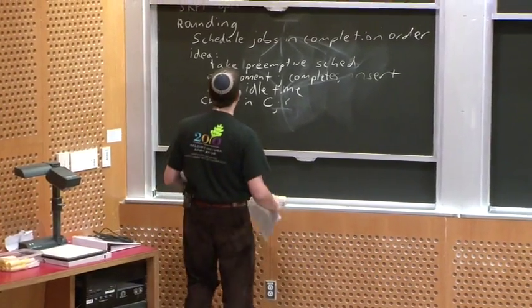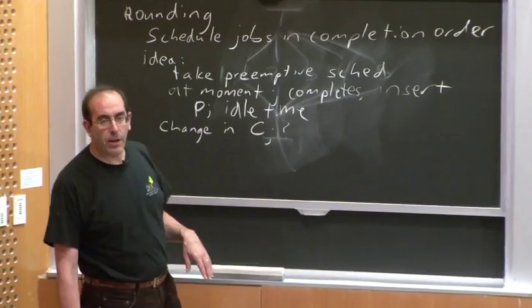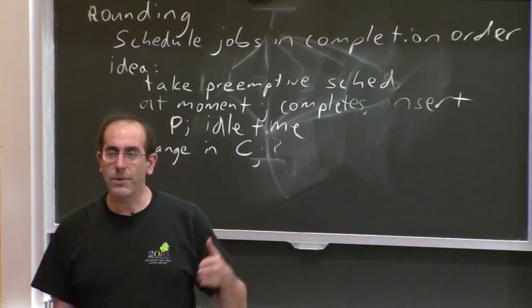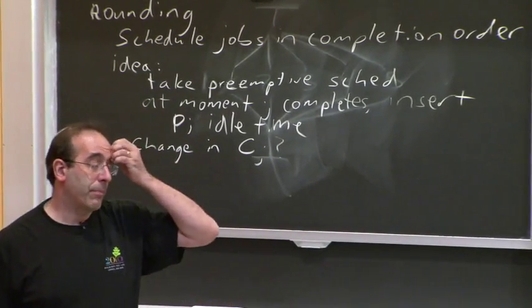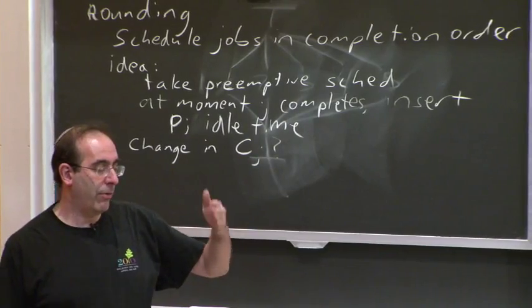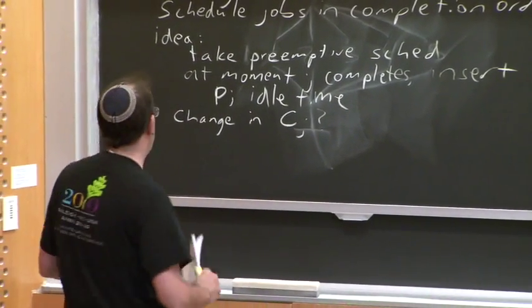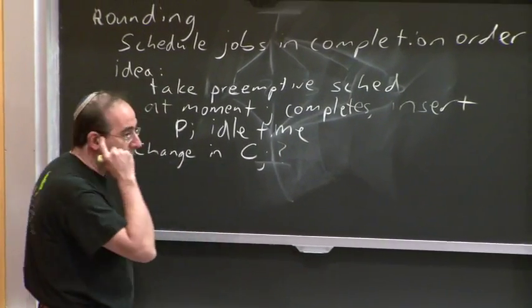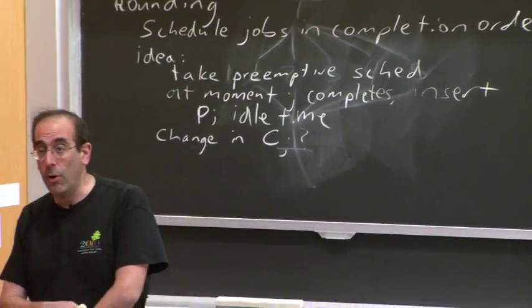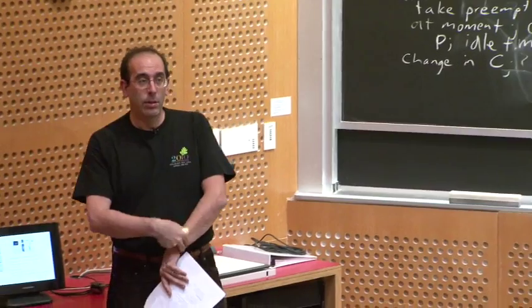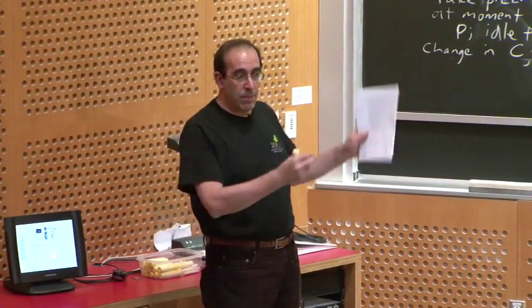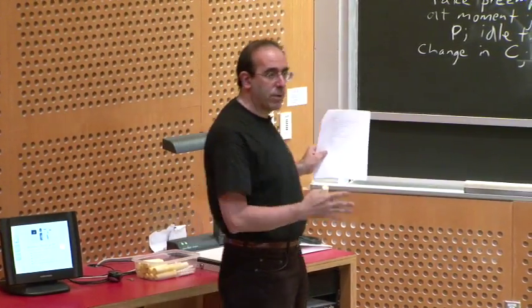And this is where we leverage the structure of the preemptive schedule. Because the preemptive schedule is feasible, since I'm looking at all of the jobs in order of completion, there's a certain collection of jobs that completed before job J. And these jobs completed before job J in the preemptive schedule.